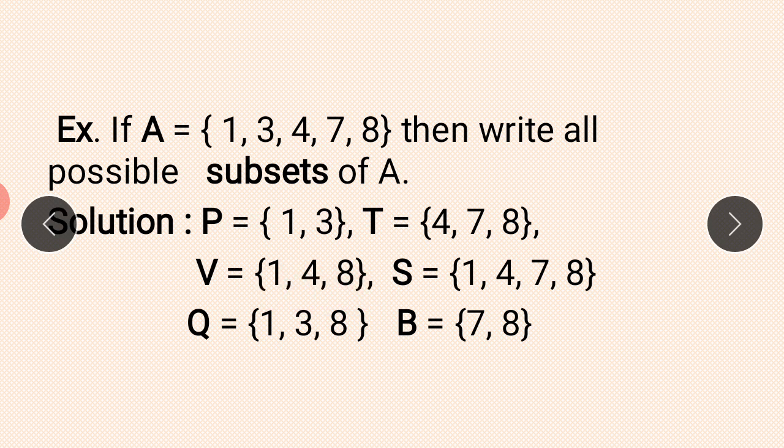Set S = {1, 4, 7, 8}. Set Q = {1, 3, 8}. B = {7, 8}. All these are possible subsets of set A.